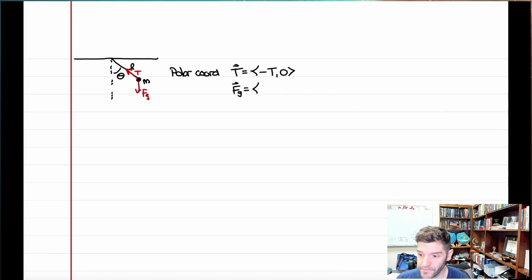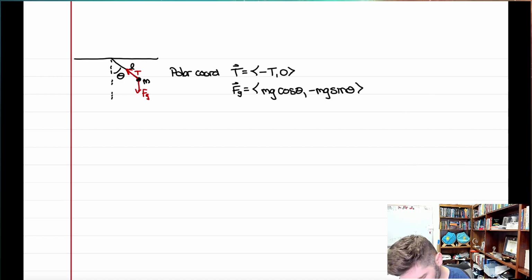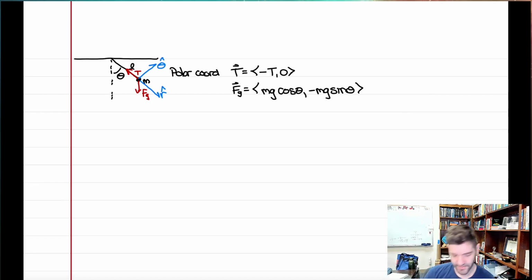And then the gravitational force does have two components. We've worked this out before. Why is it a negative sign for the tangential component? Because remember, this is the r hat direction, and then by the right-hand rule, this is the theta hat direction.